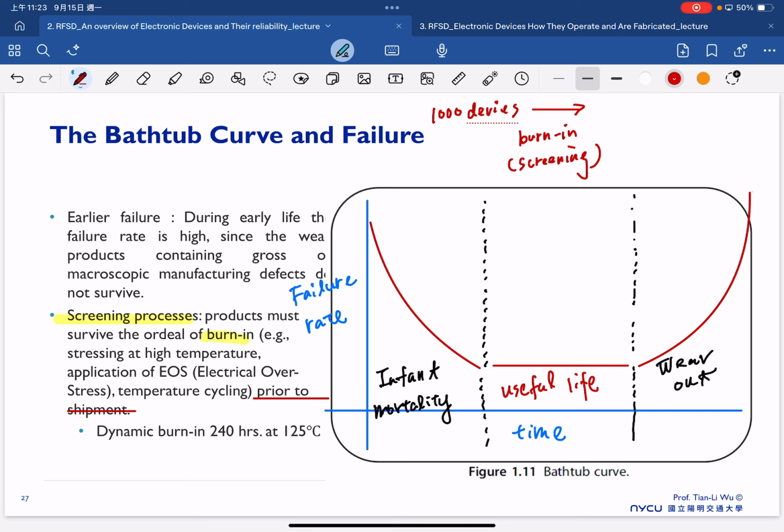With this burn-in and screening, finally 100 weak devices are removed, and we can start to ship 900 good devices to our customer. This is a product that we can start to send to our customer.